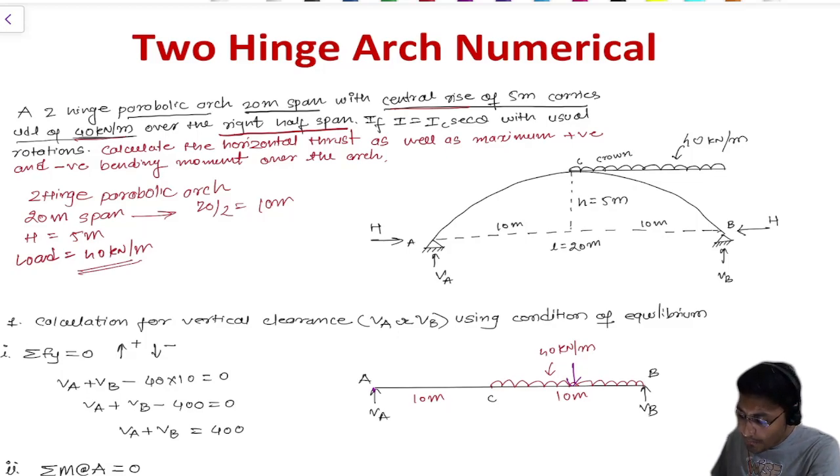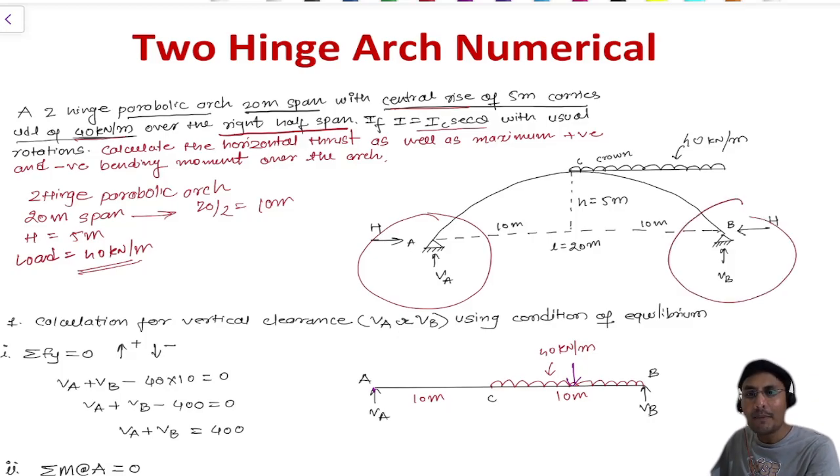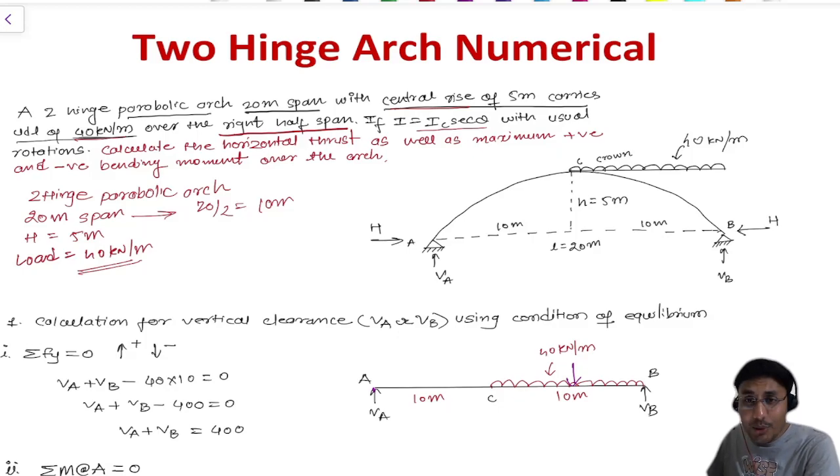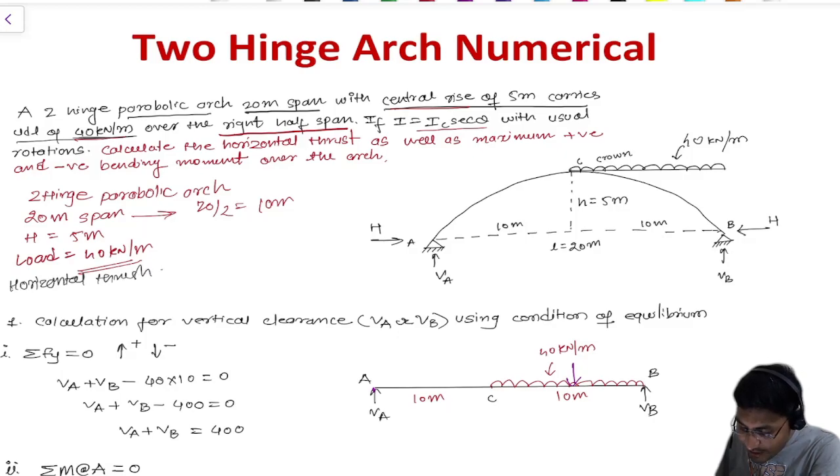Now they have provided one condition: I equals Ic sec theta, with usual rotations. Usual rotations means this side has clockwise as positive and anti-clockwise as negative, and this side has anti-clockwise as positive and clockwise as negative.